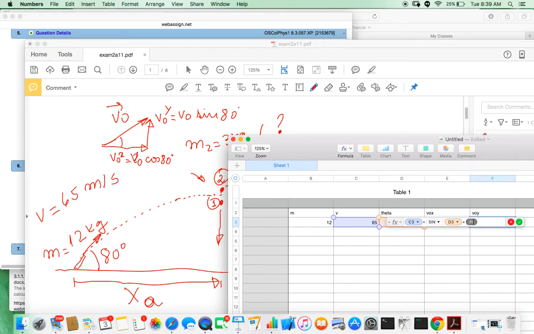I have to multiply by pi divided by 180 because... I think I did something wrong. So it's C3 times sine parenthesis D3, that's correct, times pi, put pi, it's better.